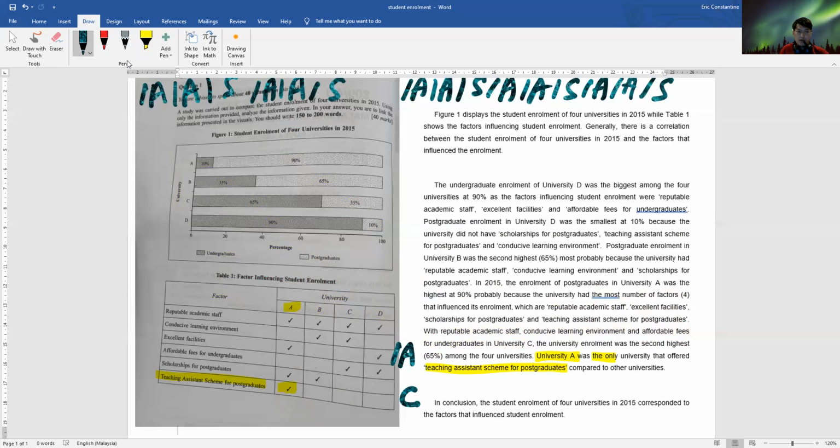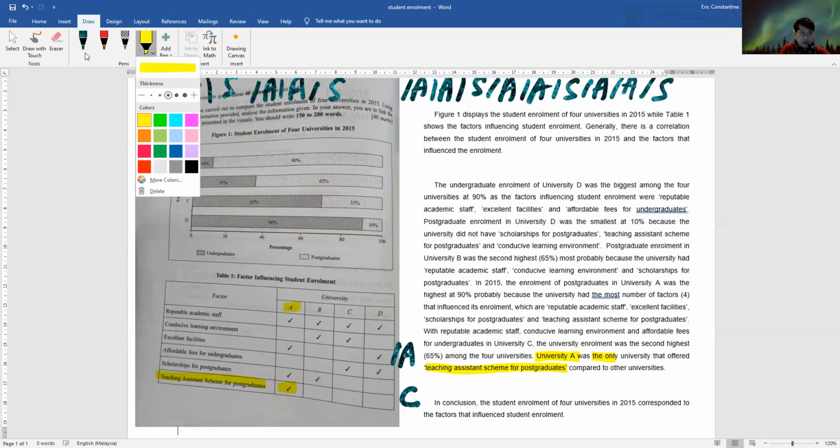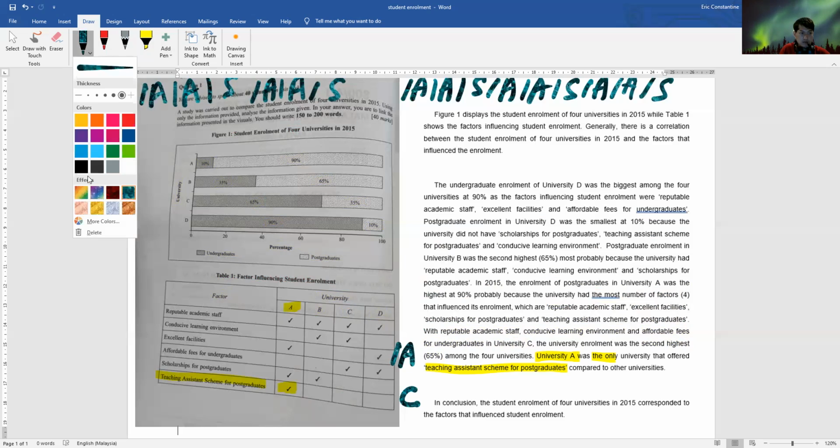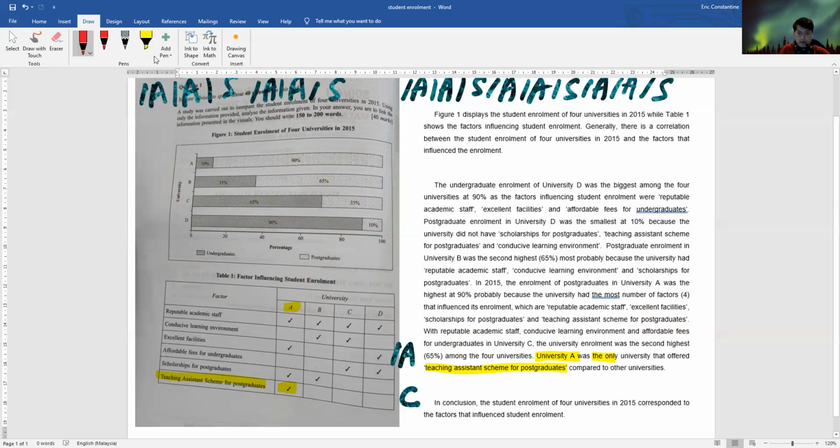So just to count how many A's and how many S we have. Okay, so just put here. Hang on. Can I just use a different color? Maybe use red color. So how many A's do I have here? 1, 2, 3, 4, 5, 6, 7, 8, 9, 10, 11.